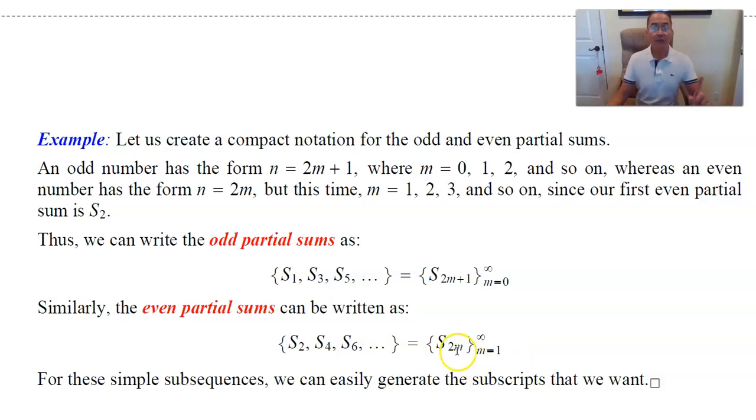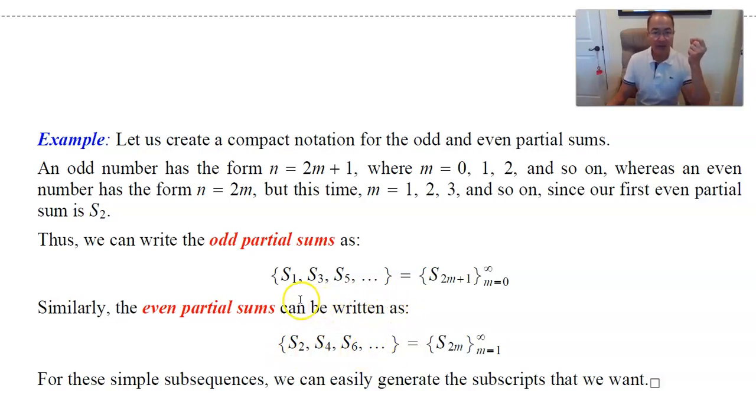So from the sequence of partial sums, S1, S2, S3, and so on, we are going to create two subsequences of partial sums. We will have the odd partial sums, S1, S3, S5, and the even partial sums, S2, S4, S6, and so on.